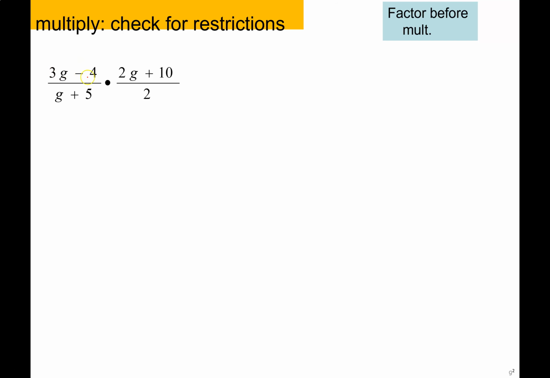On top here, I can't do anything. On the bottom here, I can't do anything. If I see here, I can break this down. This is 2 times g. And then what gives me 10? 2 times 5. If I look at both terms, what do we have in common? We have a beautiful 2. So a 2 gets to come out and play.